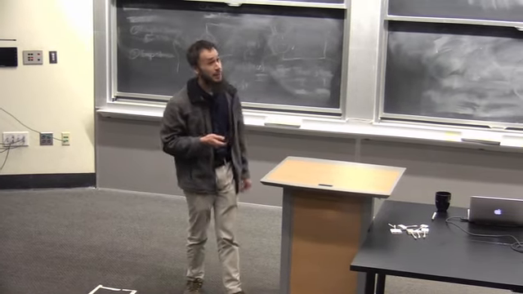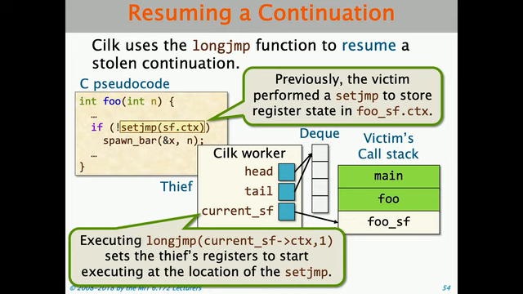More or less, but more specifically, where in that function does it return? Just after the call. Which call? To the spawn function. The spawn bar here? Yeah, spawn bar. Almost. Very, very close.